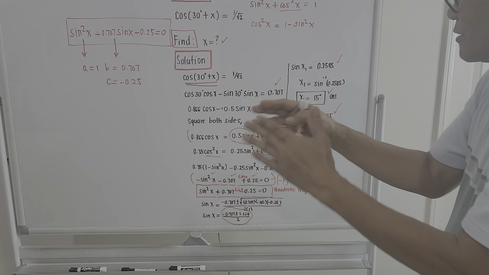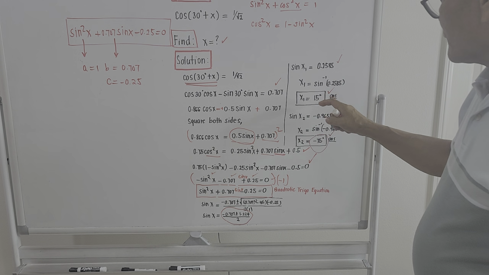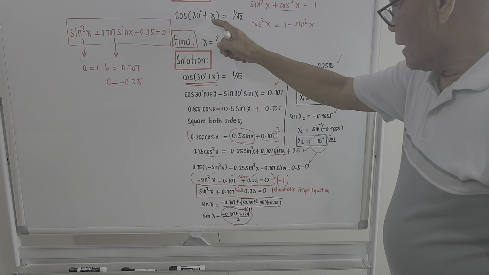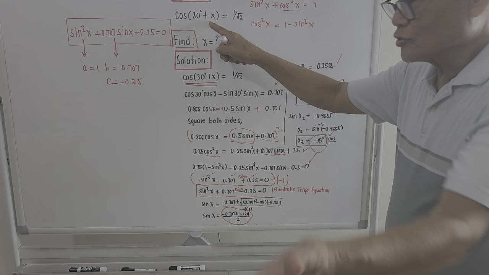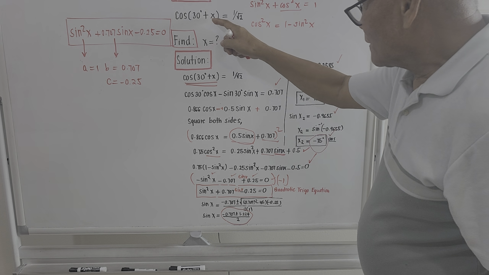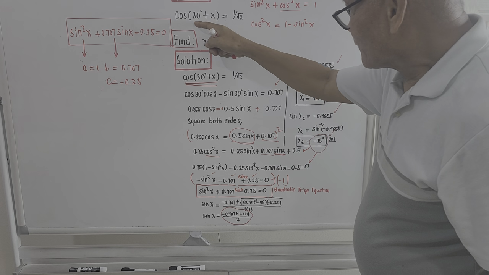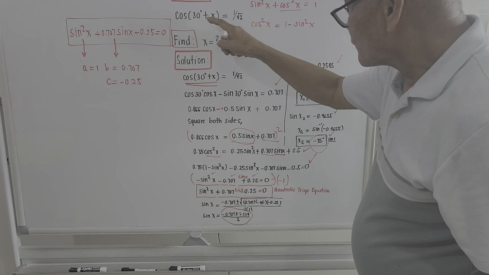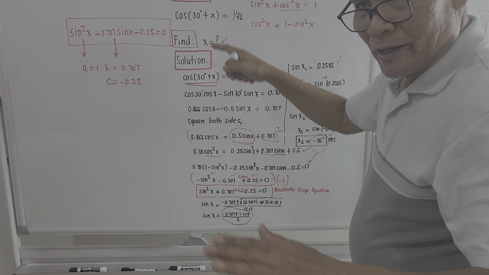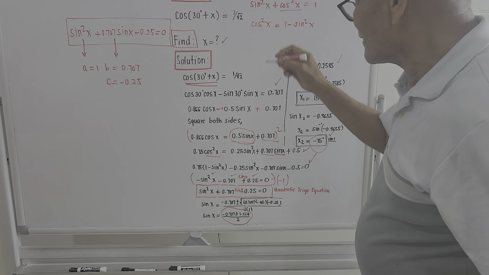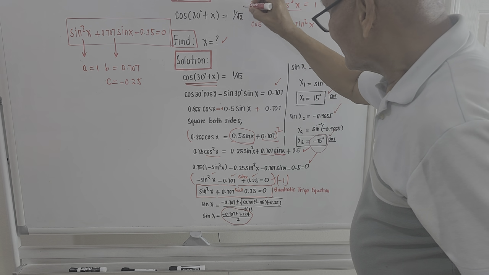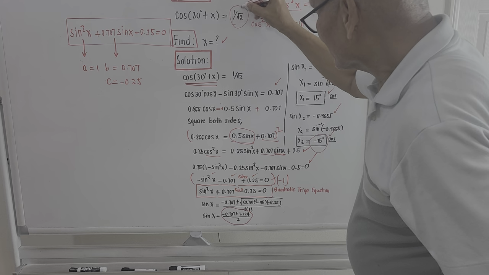And if we try to check the validity of this one, just substitute 15 degrees here. If this is 15 degrees, the total value of the angle inside will be 30 plus 15, that will be 45, right? And the cosine of 45 is actually 0.707. It is this one. Okay? This is one.